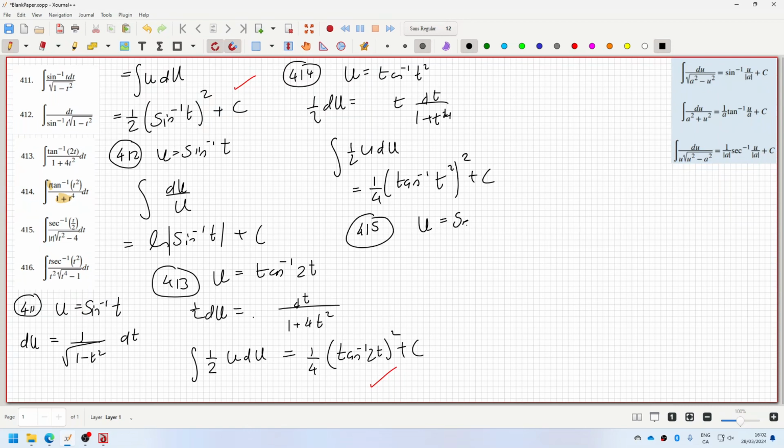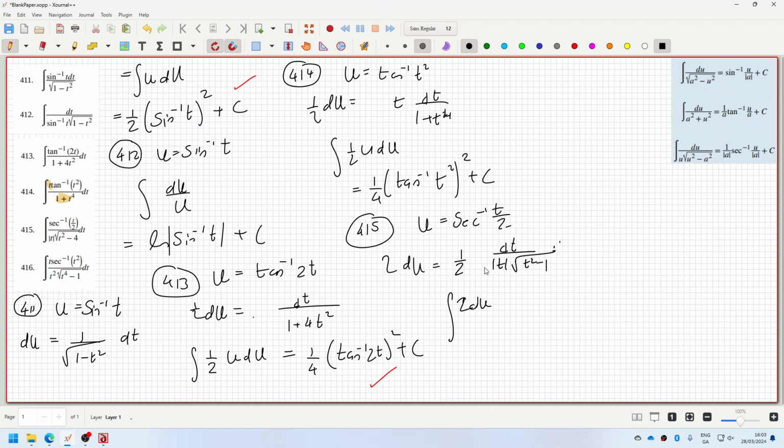415. u equals sec inverse t over 2. So du is a half times 1 over t root t squared minus 1.